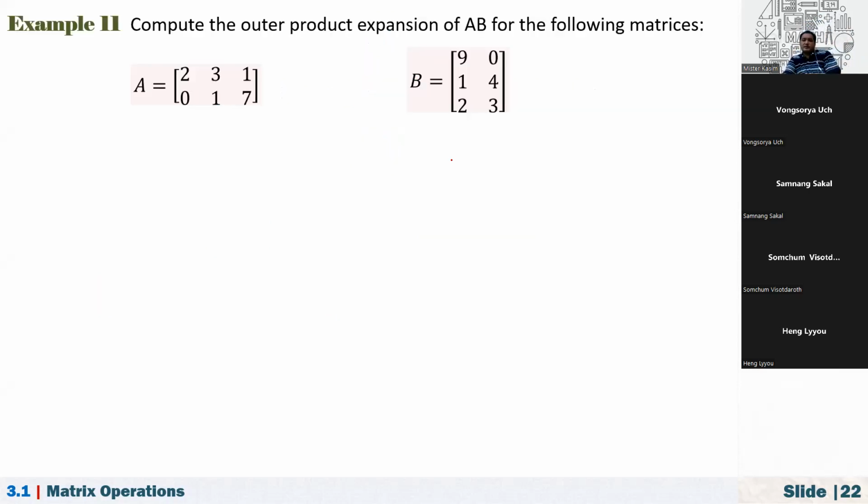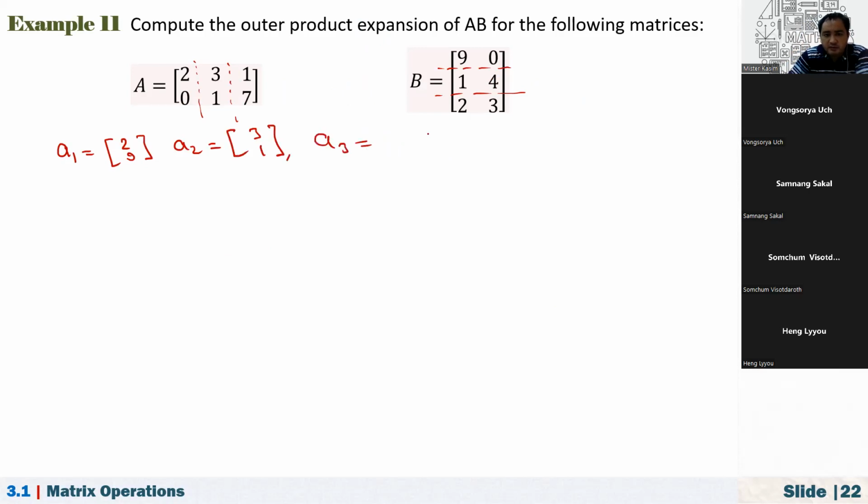Compute the outer product expansion of AB for the following matrices. How do we do that? Again, if I partition A in this way, and also partition B like this, then A1 will be 2, 0, A2 is 3, 1, and A3 will be 1, 7.